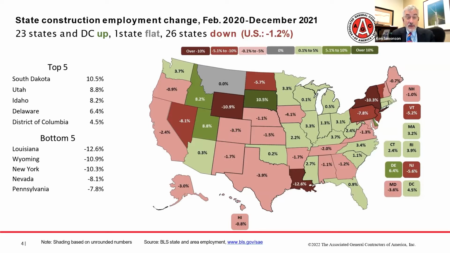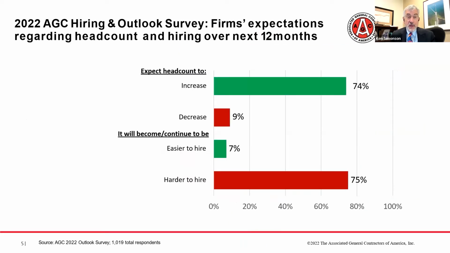At the low end, you have Louisiana and Wyoming, very energy dependent states, down by double digits, and New York State, which suffered an outflow of residents from New York City. And since then, still not seeing foreign visitors, business travelers, and not nearly as many domestic visitors. So employment in construction has really lagged there as it has in a few other states.